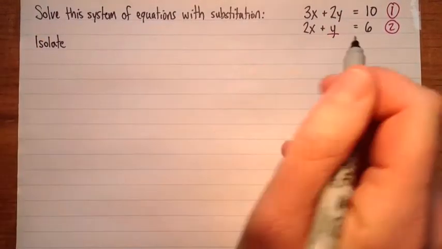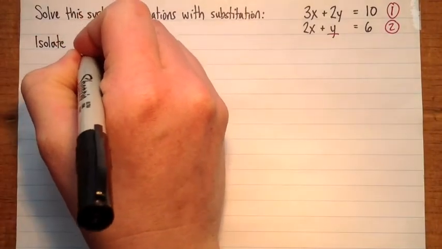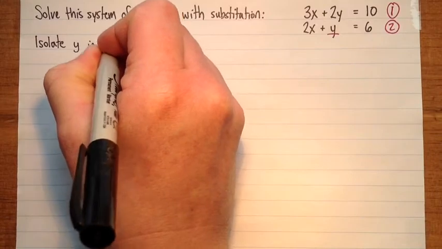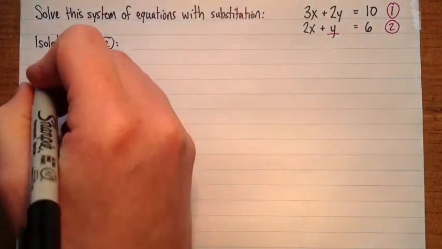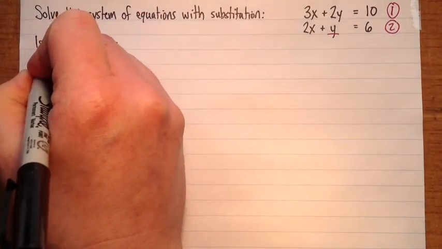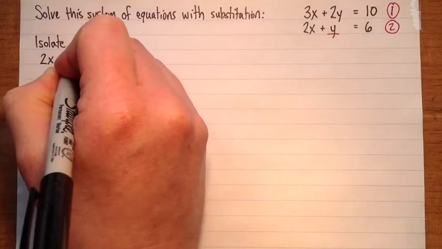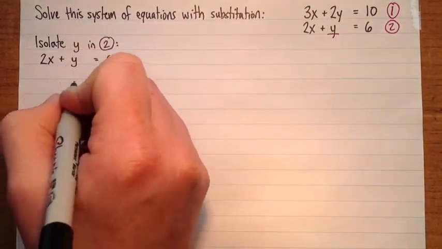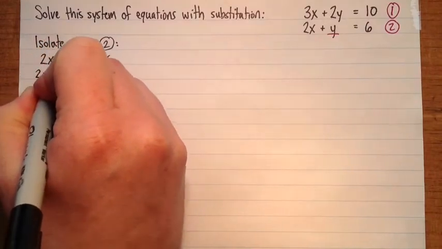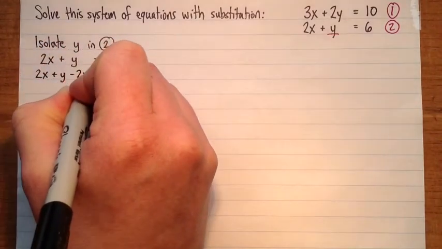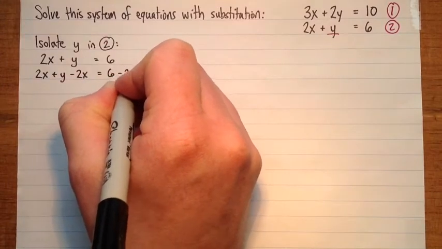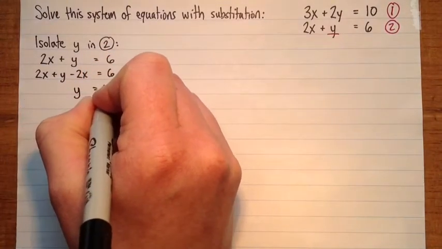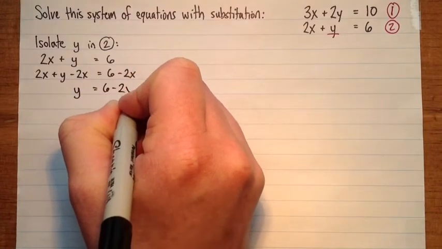So we're going to isolate y in equation 2. Right now equation 2 is 2x plus y equals 6. And I'll subtract 2x from both sides. And that gives me y equals 6 minus 2x.